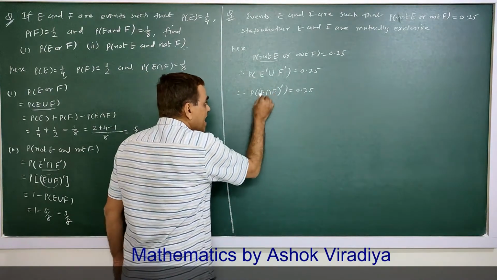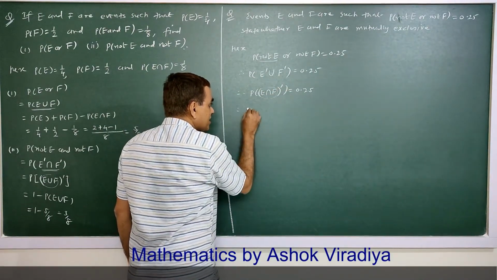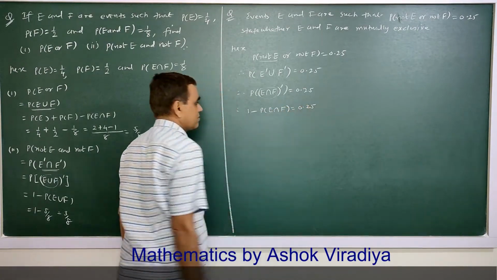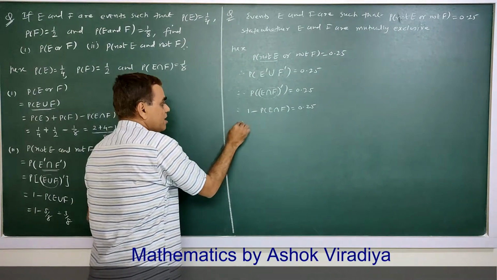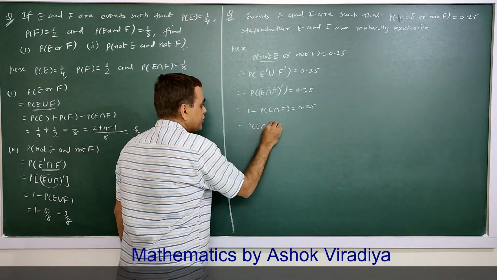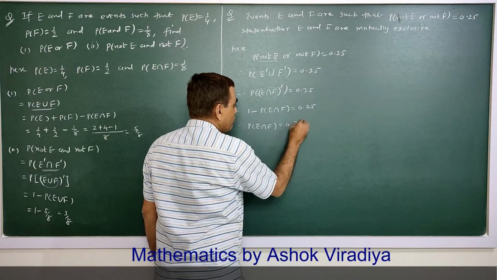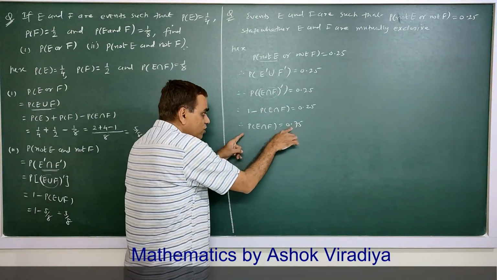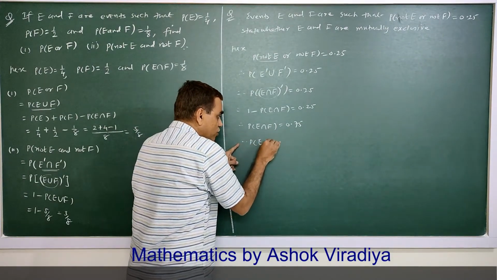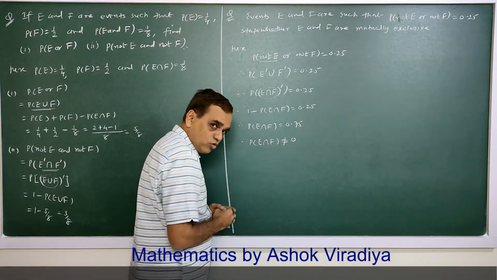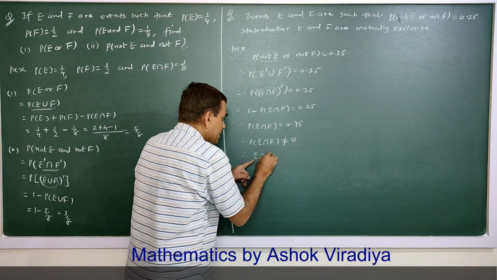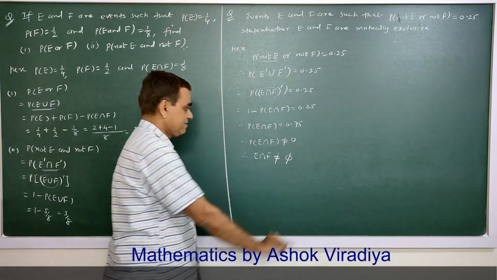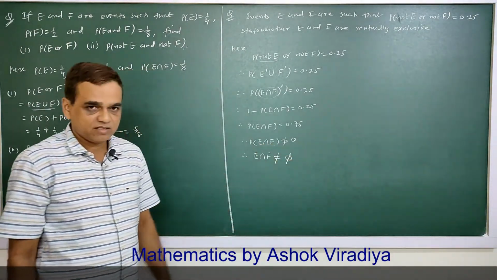Now P of A dash is 1 minus P of A. So this means the probability of E intersection F is 0.75, and this is non-zero. That means the probability of E intersection F is not zero. Therefore, this is not an impossible event.